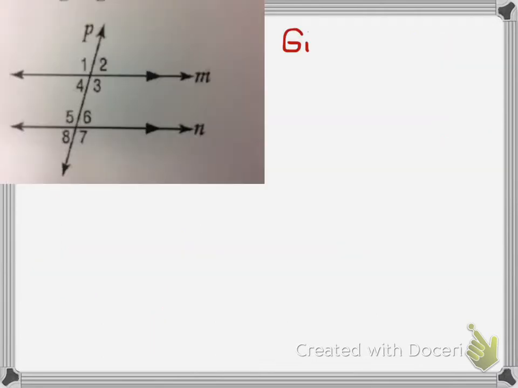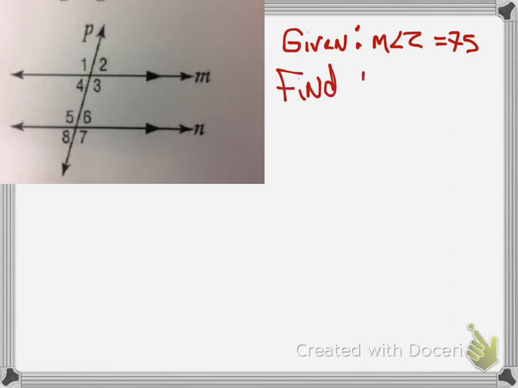So let's look at an example. Given that the measure of angle 2 is 75 degrees, find the measurements of all the other angles. If 2 is 75, then right across from it is 6, which is also 75.